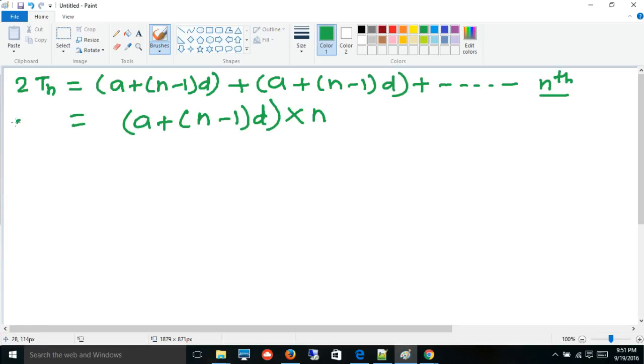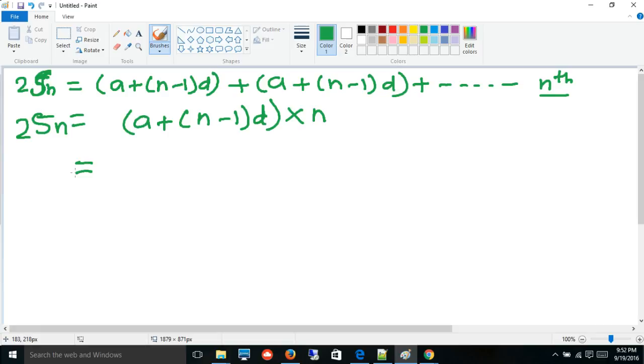Now we cannot say Tn, we will say it as Sn, because now we did the summation. So the Tn representation is wrong. So 2Sn equal to (2a plus (n minus 1) into d) into n.